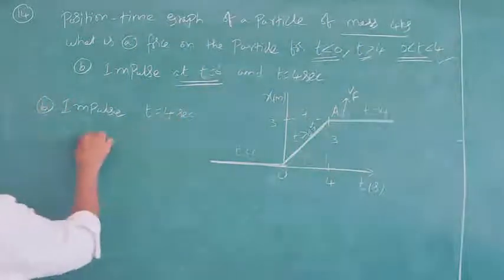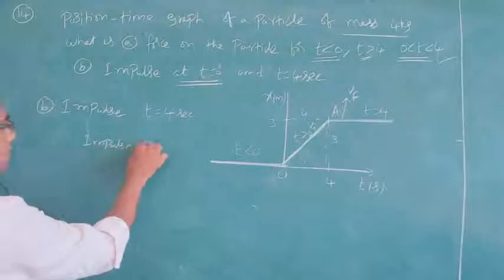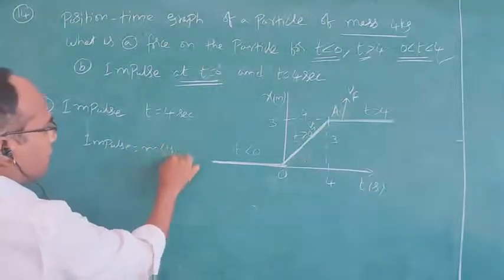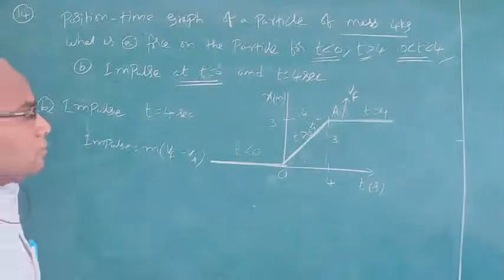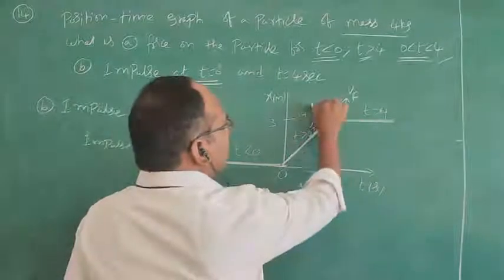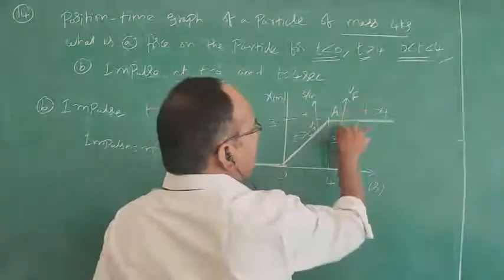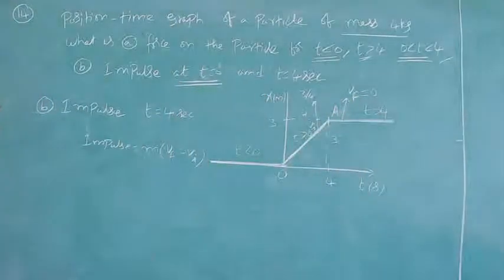What is the formula? Impulse is m into delta v, that is nothing but vf minus vi. So this is vi, which is 3 by 4, and the final velocity is 0, since the slope is constant.